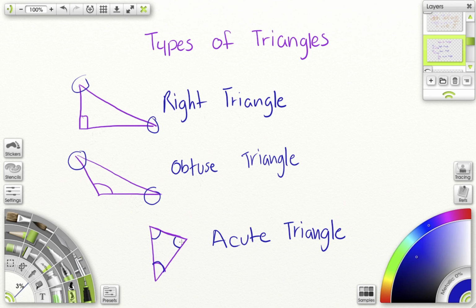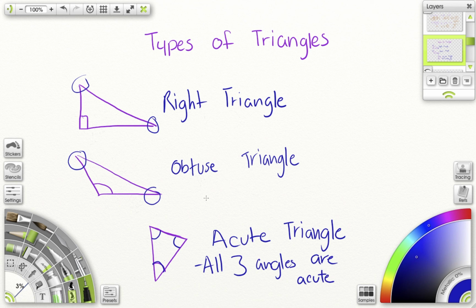So if it is an acute triangle, it means all three angles are less than 90 degrees. So they're all small. This is where it's different from the other two, because the other two only have one angle that's different from the others. An acute triangle has all three angles acute. So all three angles are less than 90 degrees.